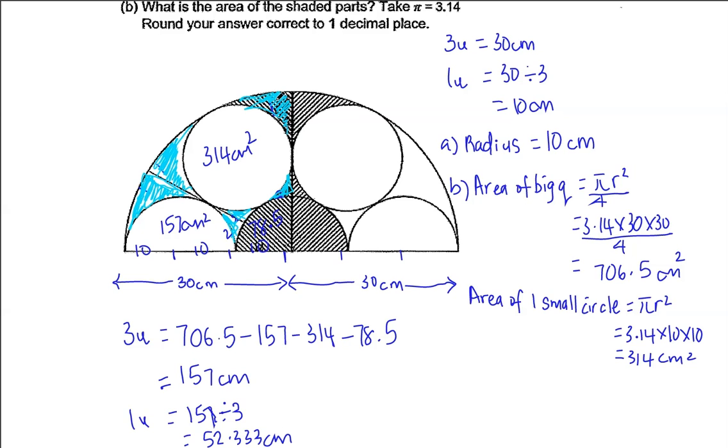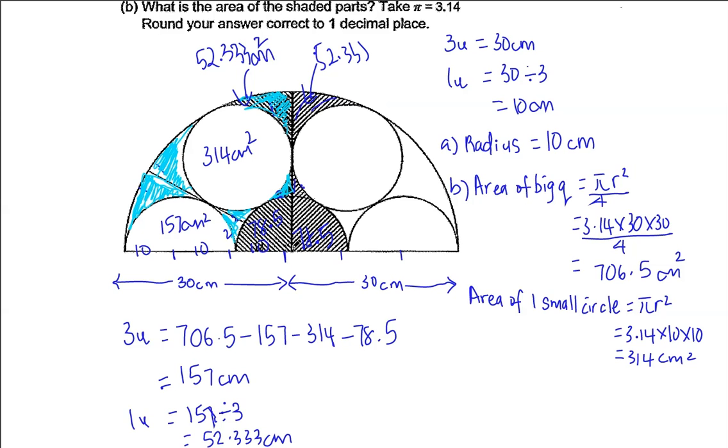So we know one part here is 52.333 cm squared. So this portion here is also the same. Do you agree? So this part here is 52.333, and over here is 78.5, and this is also 78.5.